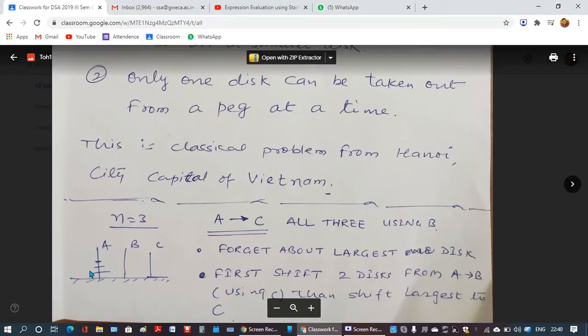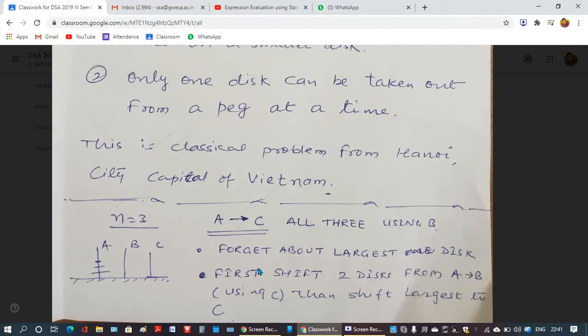Now you are not solving a three-disk problem. You are only shifting two disks to B. And once the two disks are shifted to B, then you can easily shift this third disk to C. So once the third disk is shifted to C, your problem becomes shifting two disks from B to C.